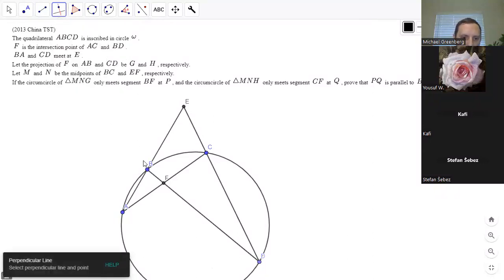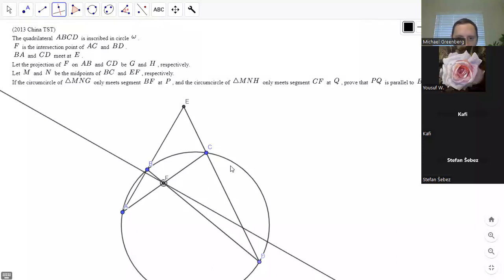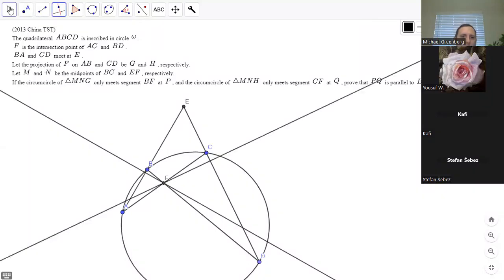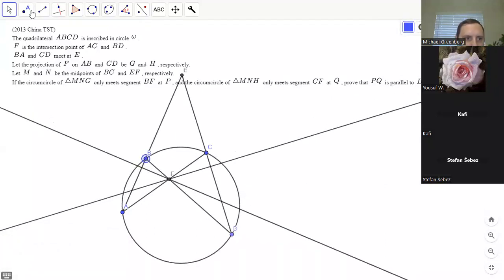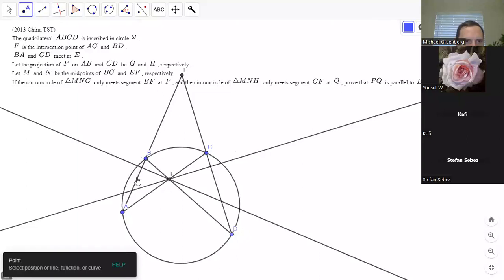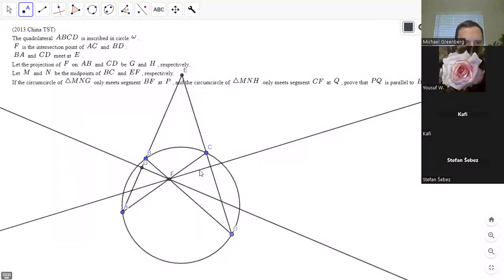So basically, those points will be corresponding points in those two similar triangles. So this would be G and H, and they correspond to each other. And M and N are the midpoints of BC and EF.